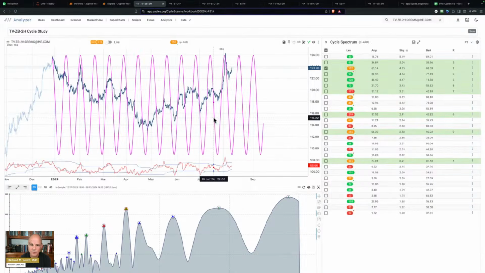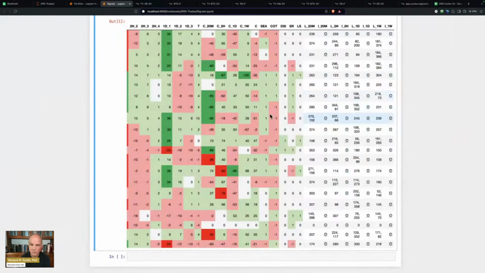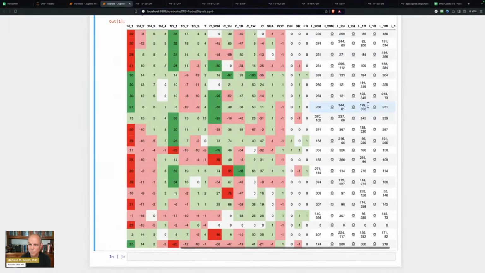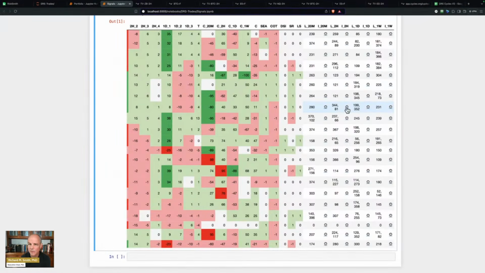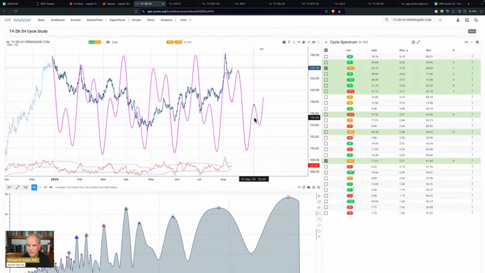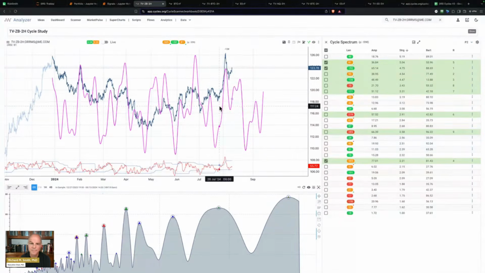This 152. And let's see which ones we were following on bonds. On the 2-hour, it's 344 and 81. All right. So it's this longer one out here. And 81 was right here.